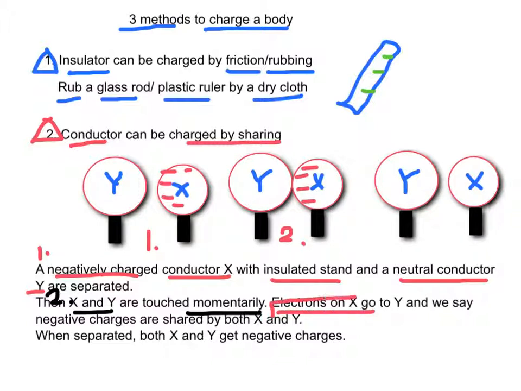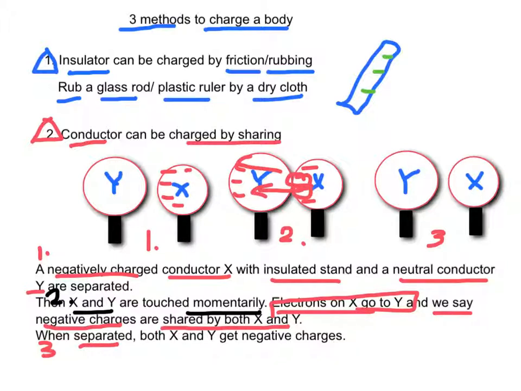Electrons on X will go to Y, and we say that negative charges are shared by both X and Y. Lastly, X and Y are separated. Both X and Y get negatively charged.